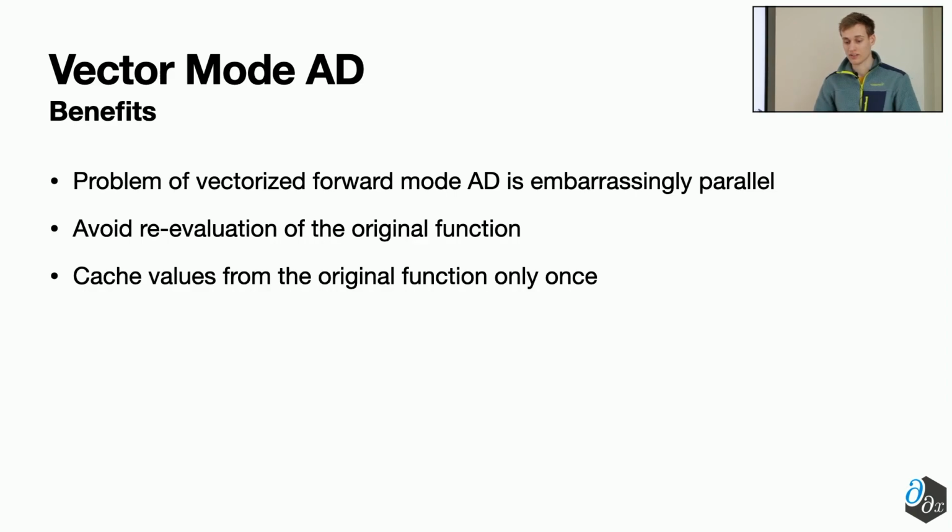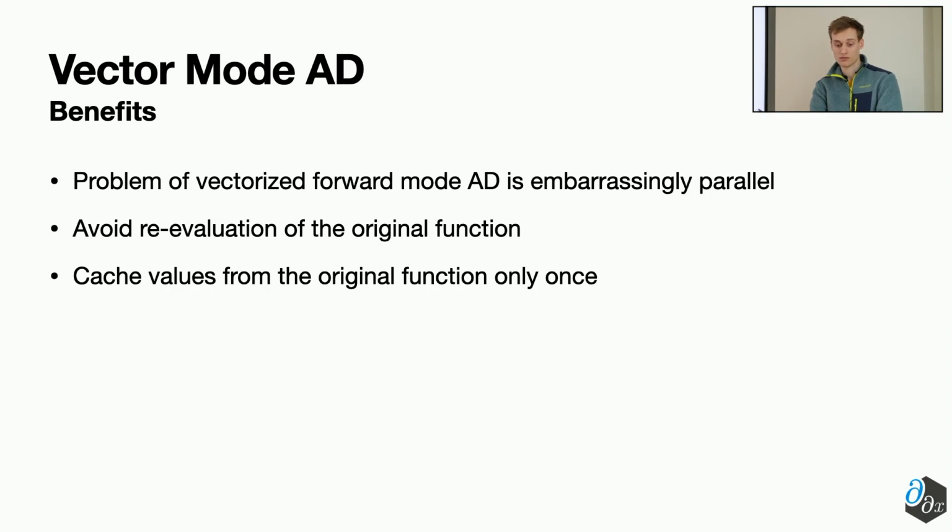So what are the benefits of vectorizing forward mode especially? The problem of vectorized forward mode AD, as we'll see later, is embarrassingly parallel. We can avoid the re-evaluation of our original function, e.g. the primal function.